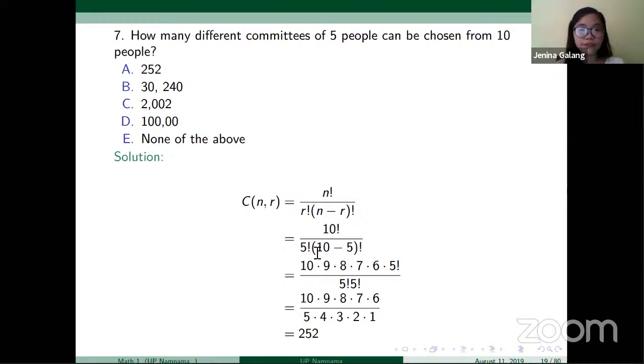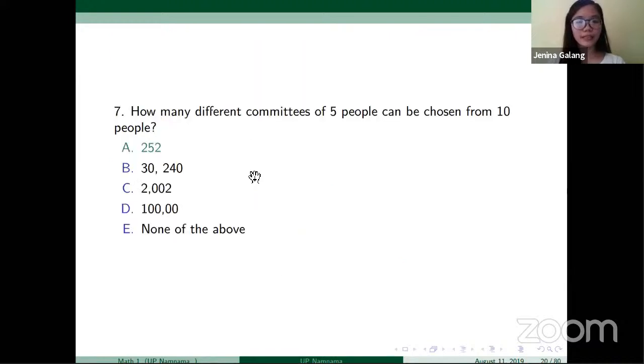So, we have 10 factorial over 5 factorial times 10 minus 5 factorial, which is this. So, sorry kung maingay. And cancel out natin yung 5 factorial. We have this, which is equal to 252. So, number 7 is letter A.